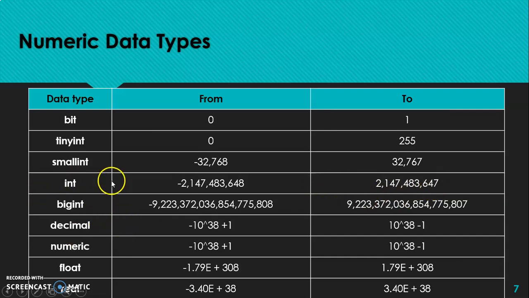Then we have bigint, so this number is very large, that is minus 9223372036854775808 to the positive side of 9223372036854775807. Then we have decimal, minus 10 raised to 38 plus 1 to 10 raised to 38 minus 1.